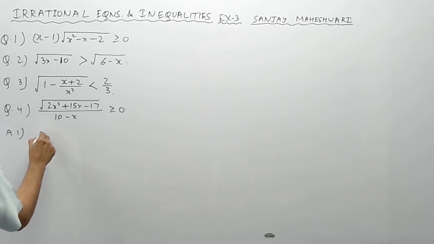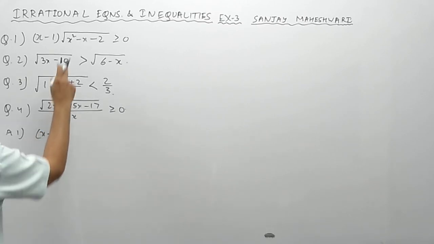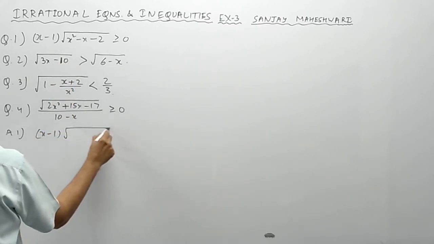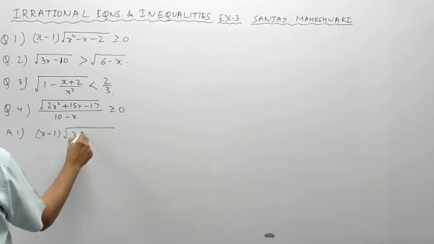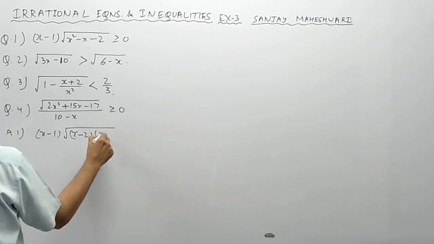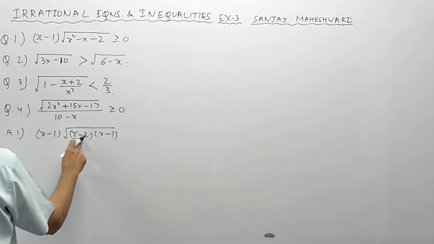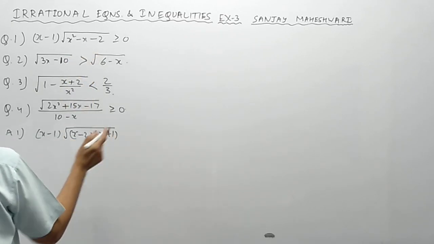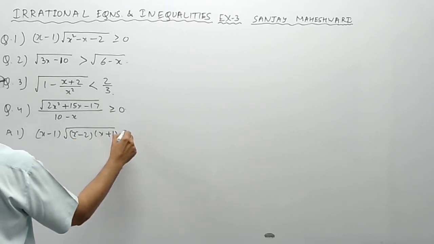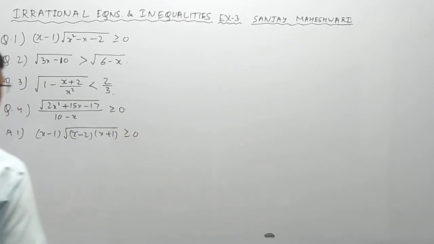This can be written as (x minus 1) root over (x minus 2)(x plus 1)(x minus 1)(x plus 1) greater than or equal to 0.